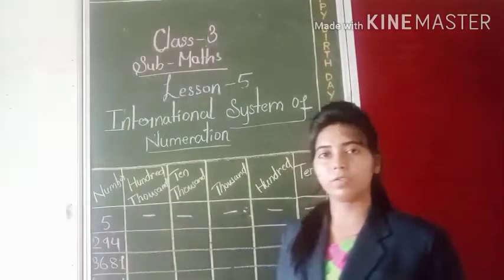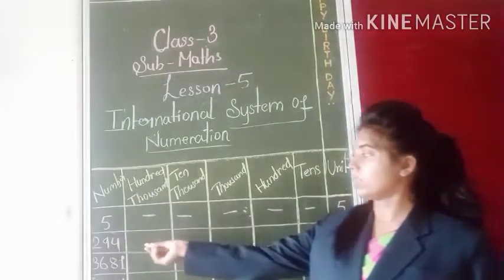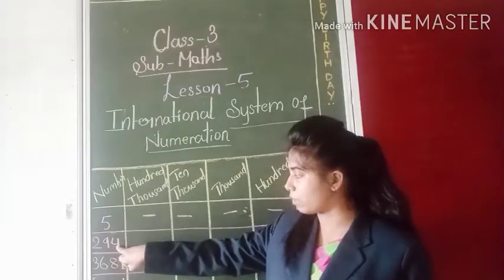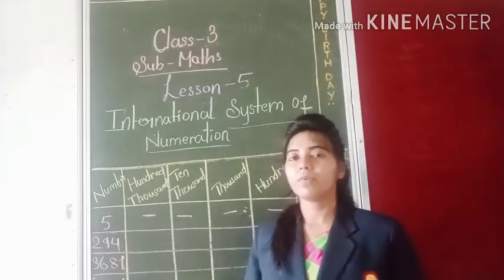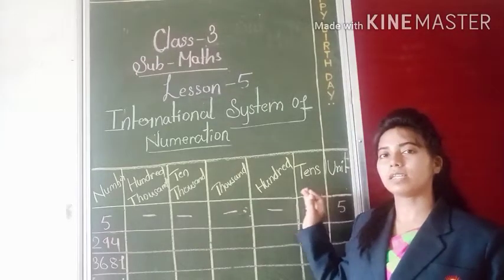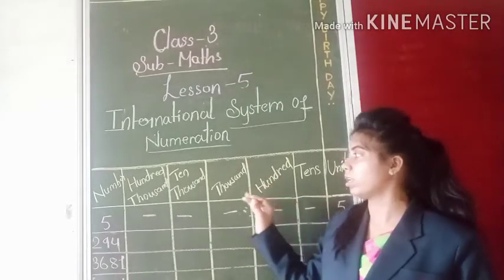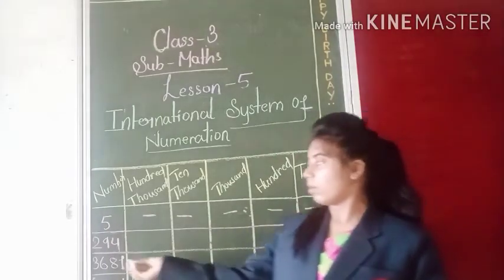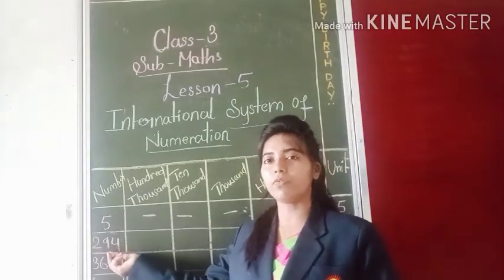Now the second number, 294. When we start reading the number, we go unit, tens, 100, 1,000, 10,000, 100,000. How do we arrange 294?